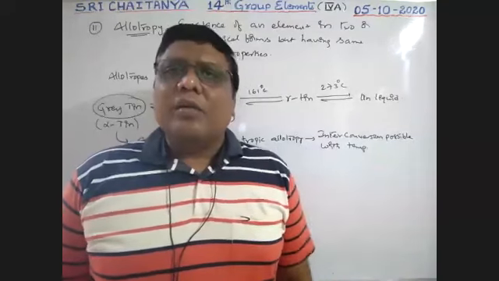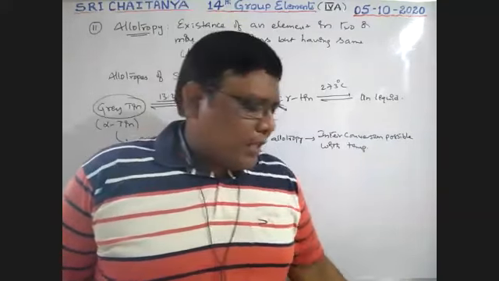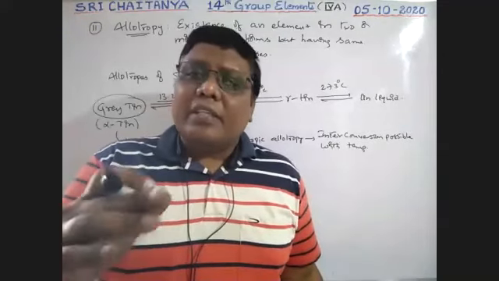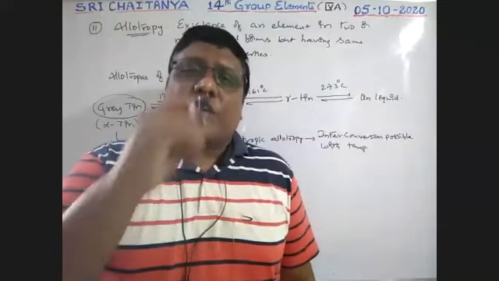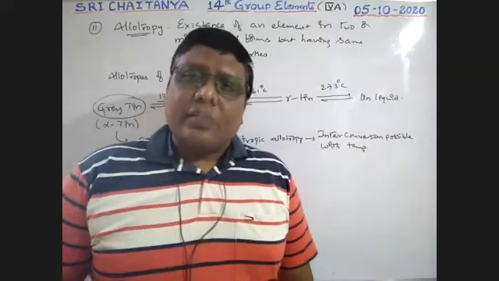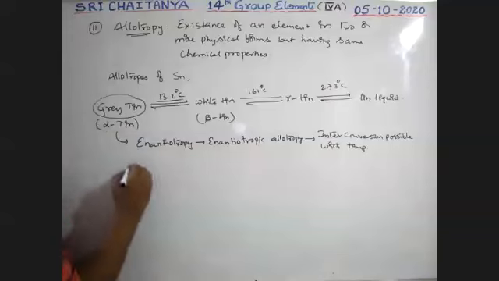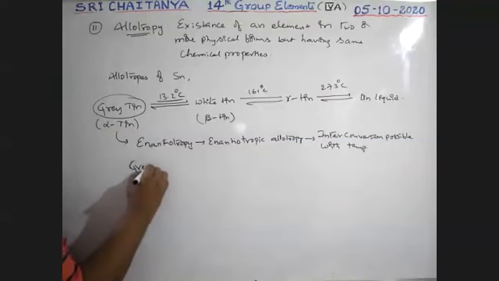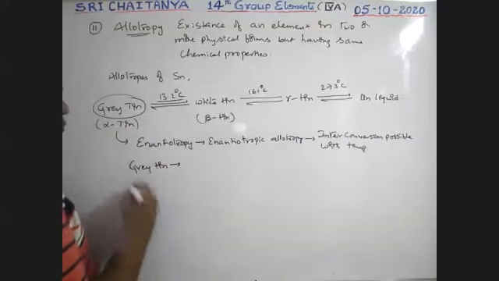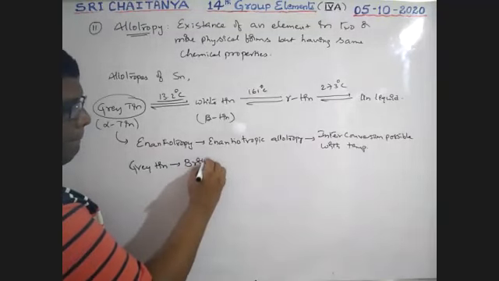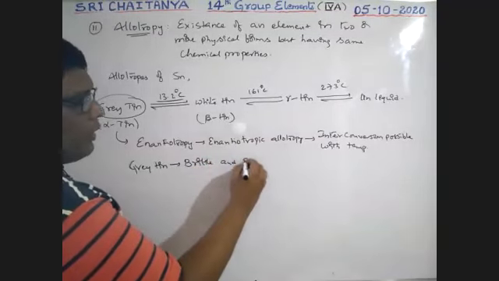At low temperature, grey tin exists in powder state. So that is why tin vessels are not used in cold countries. Note down the point. Grey tin is brittle and powdered.